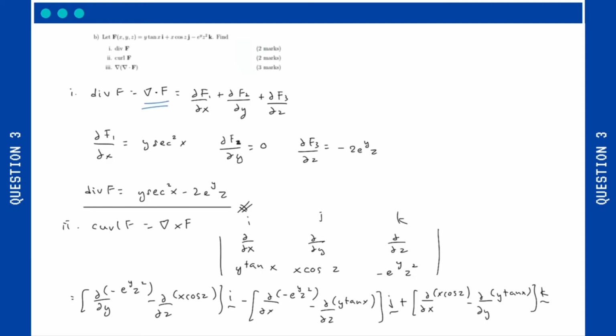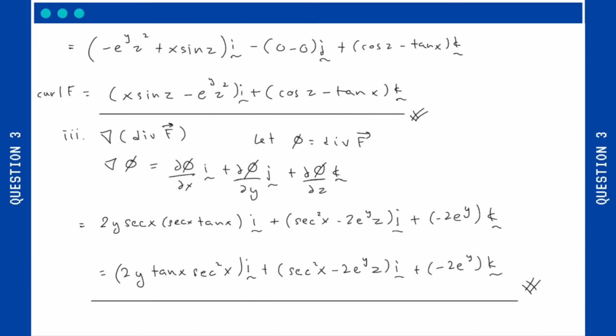So we will get this one. Now, to find curl f is just like divergence, but this time it is a cross product. So you cross product the del with the function or the vector f. So we get like this. This is the final answer.